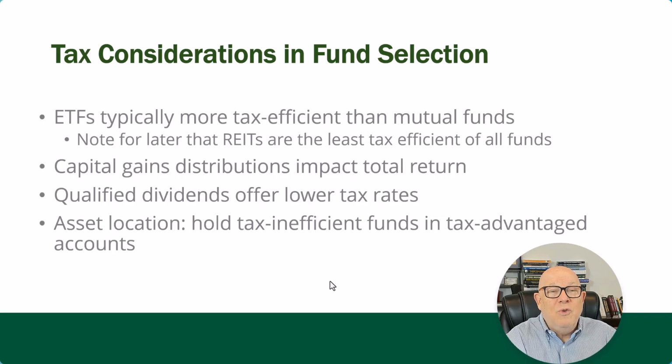And so there's this unrealized capital gain that's embedded there that when they sell those stocks, they're going to distribute to you. And so you want to be aware that that could affect your ultimate return. You may have to pay taxes on gains that didn't really accrue to you. They accrued to other people over time. That's just the nature of the way these things are structured.